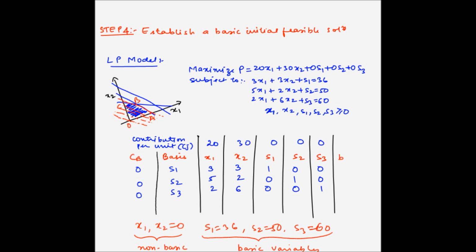So S1 is 36, S2 is 50, and S3 is 60. So this completes our simplex table with the basic initial feasible solution. Now the next step is to perform the optimality test on this basic initial feasible solution.